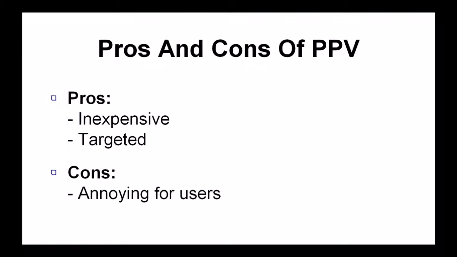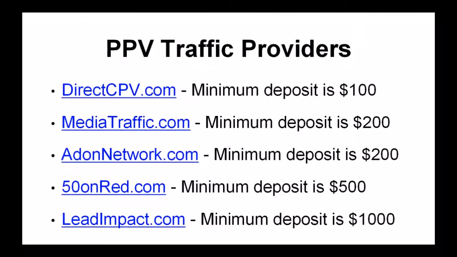Now let's get into PPV traffic providers. There are many PPV traffic providers on the internet, but I recommend you use these providers. Direct CPV requires a low deposit compared to the other networks, so you can start testing without risk. Direct CPV is focused on the internet marketing niche, so if you have an offer in the internet marketing niche, you have to test Direct CPV.